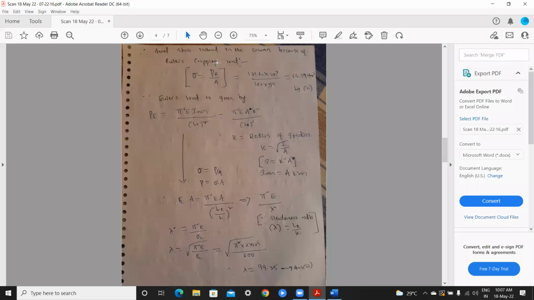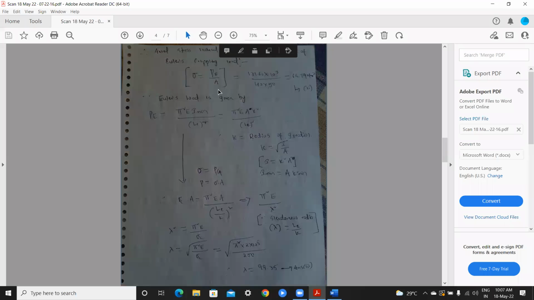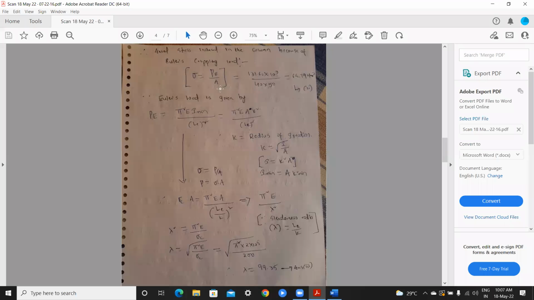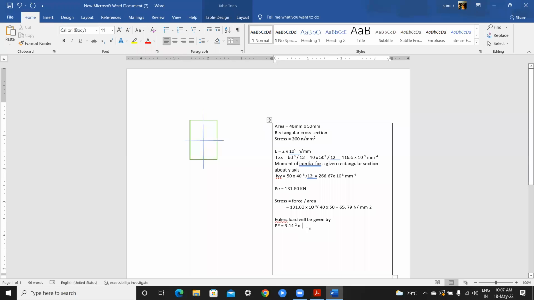So from this formula, now what is PE? Here, Euler's crippling load, sigma is equal to what? Sigma equal to force by area, sigma equal to P by A. So directly, what can we write for P?